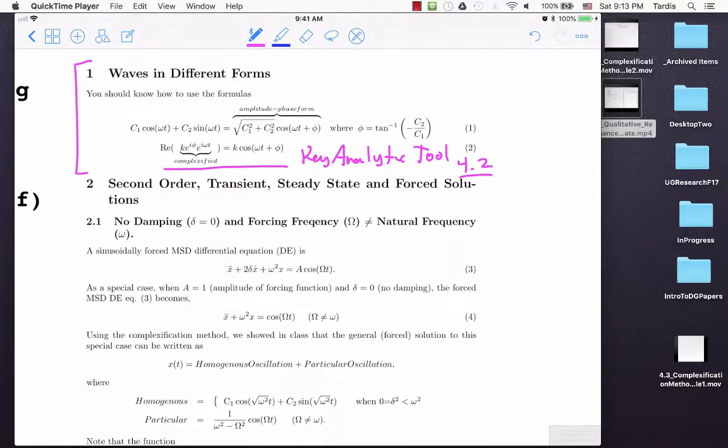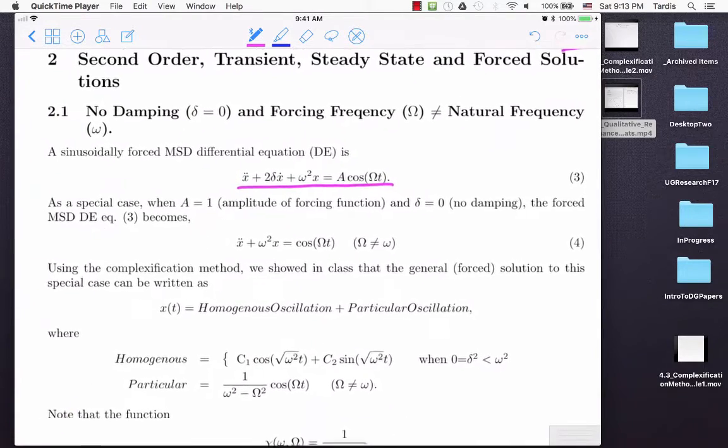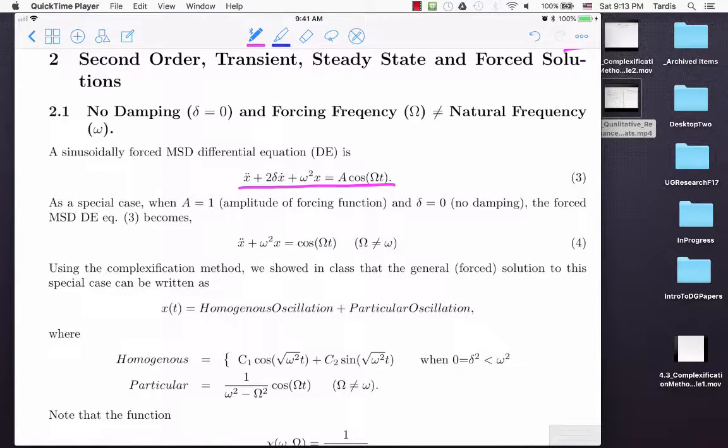If you use those tools on this differential equation, but where you've let the damping delta equal to 0, then the differential equation reduces to x double dot plus omega squared x equal to, and for simplicity we're just going to let A be equal to 1.